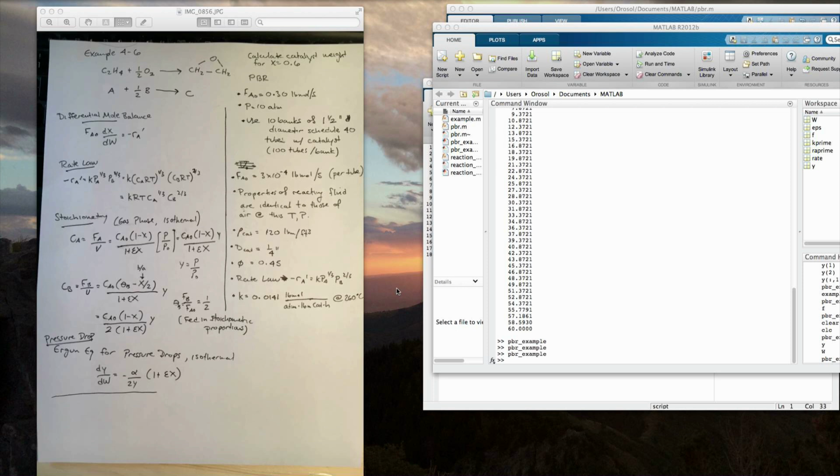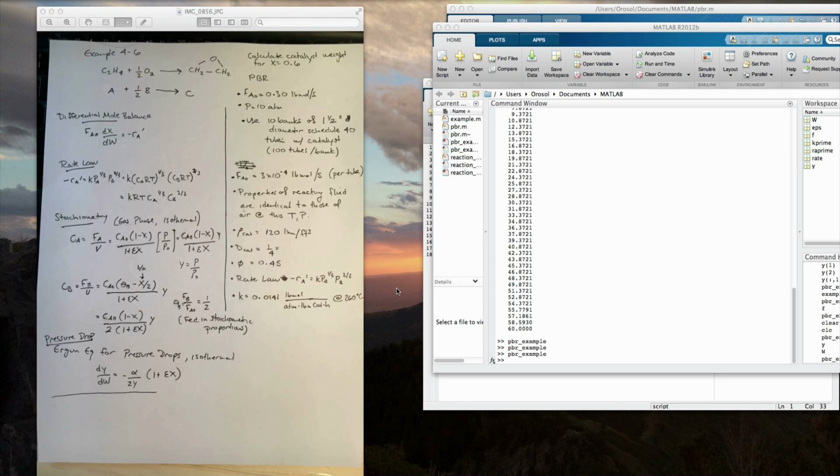And the reason why I want to go through this example is because in the book they use Polymath to solve the two differential equations you get. And so I would like to go through and do the same thing, only solve with MATLAB instead of Polymath.